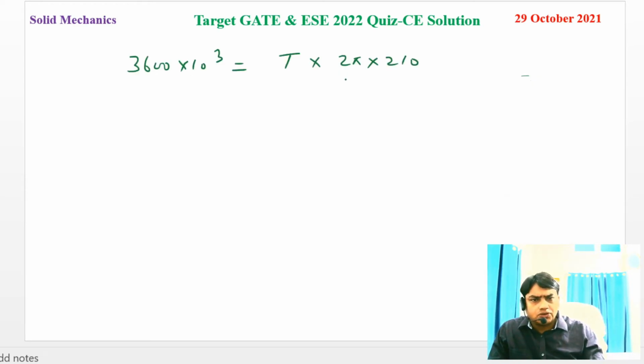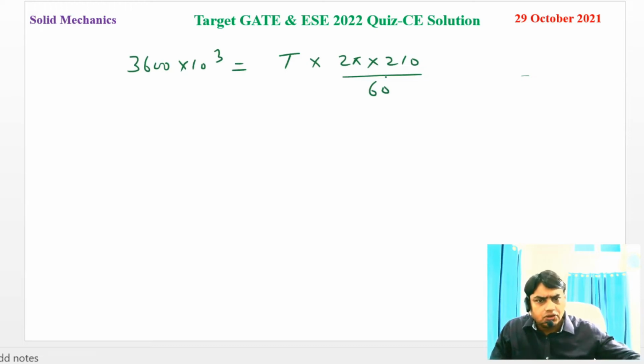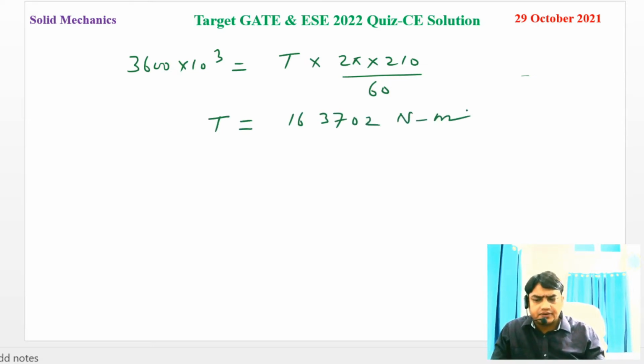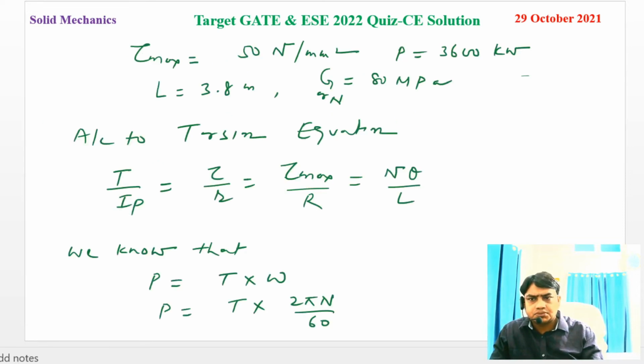So torque is 3600 into 60 into 10 to the power 3 divided by 2 pi into 210. The value of torque is 163702 Newton meter. So we have computed the value of torque.